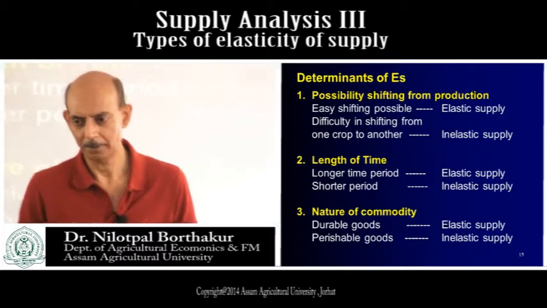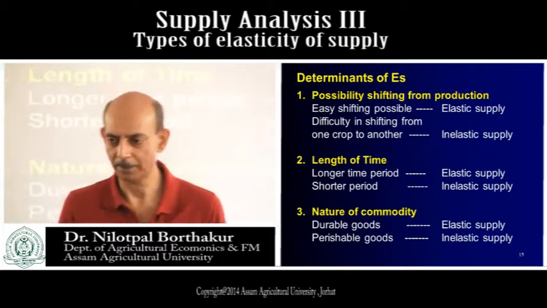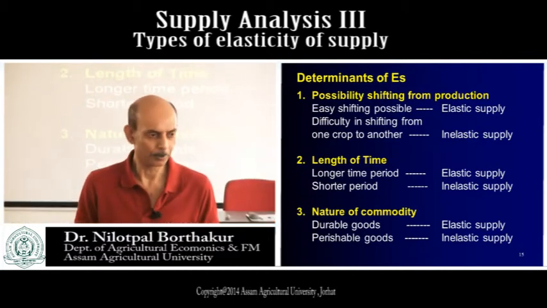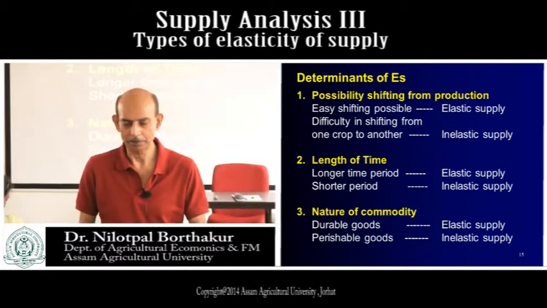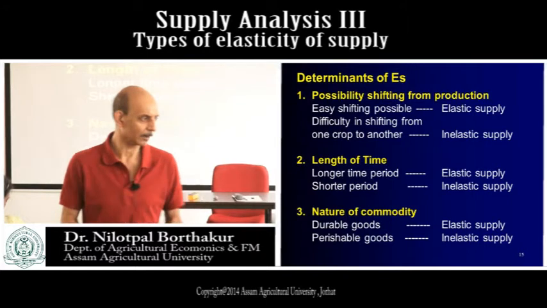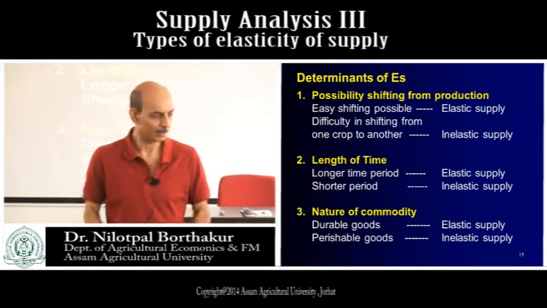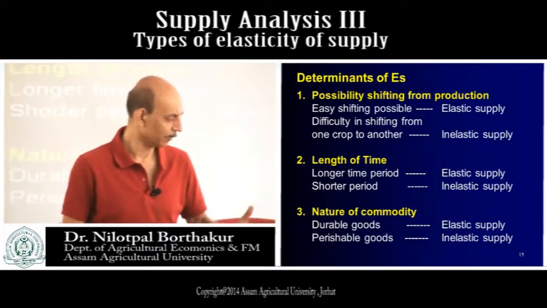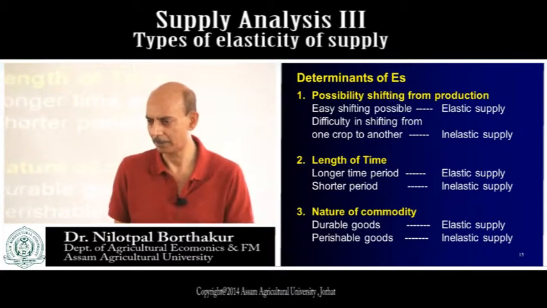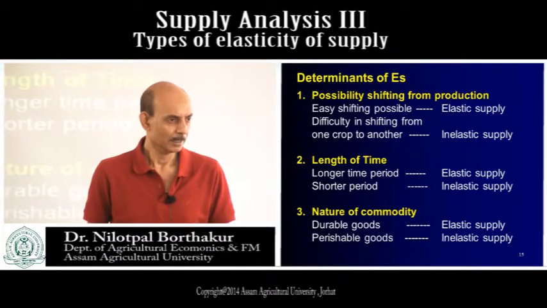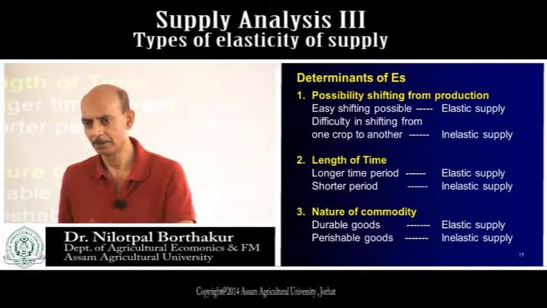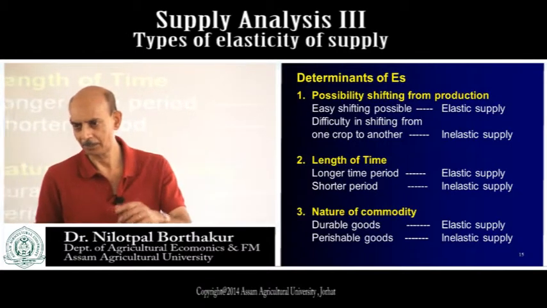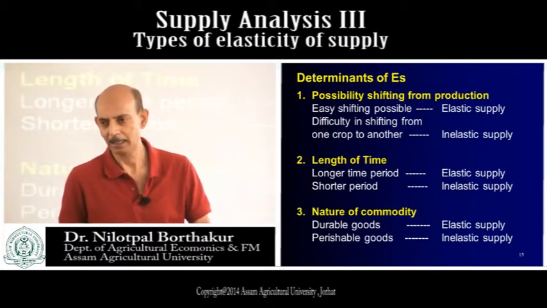If one entrepreneur has installed a big factory and is producing a particular commodity, and the price of the commodity comes down, he cannot immediately close down the industry and start producing another commodity, because a huge investment has already been made. A farmer who has already sown seeds for a particular crop cannot immediately stop producing that commodity if the price comes down.